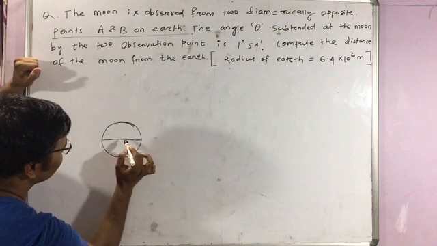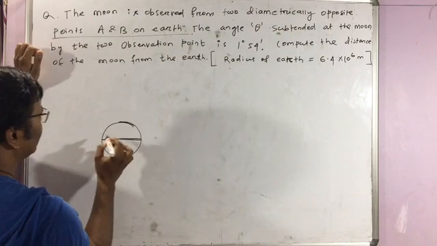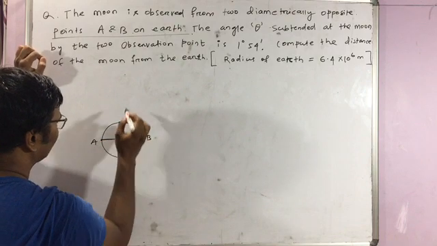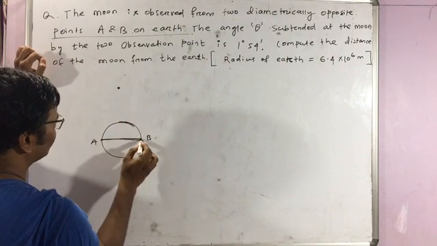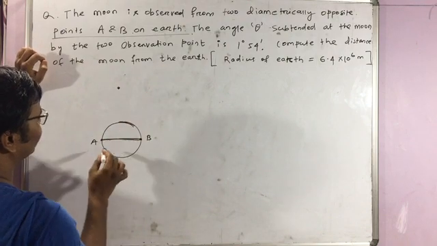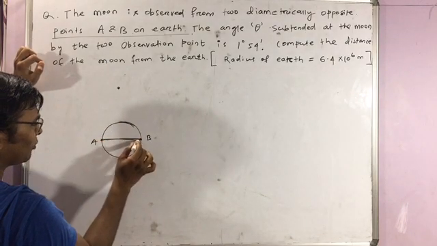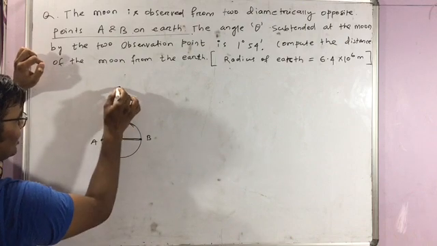Let's say this is the diameter on Earth as mentioned here. Let's say this point is A, this point is B, and you are observing the moon. Let's say the moon is here, because the angle theta is subtended at the moon by these two observation points. That's why I took the moon to be here. So you join.